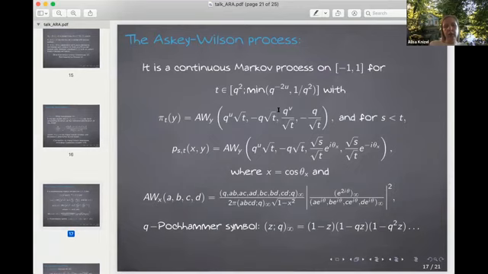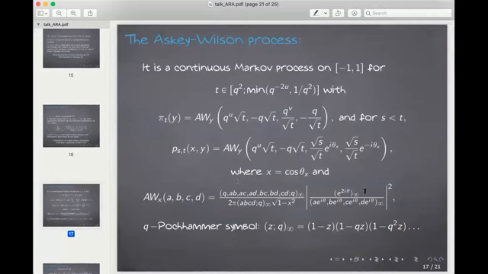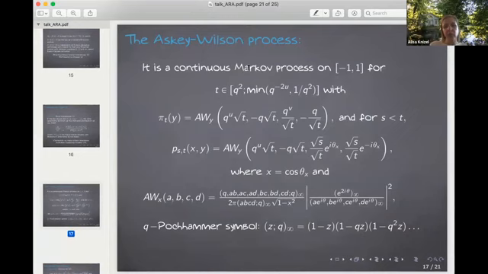pi can be written in this form. I was talking about the definition of this Askey-Wilson process in terms of the orthogonality, the weight function for the Askey-Wilson polynomial, a product of q-Pochhammer symbols.